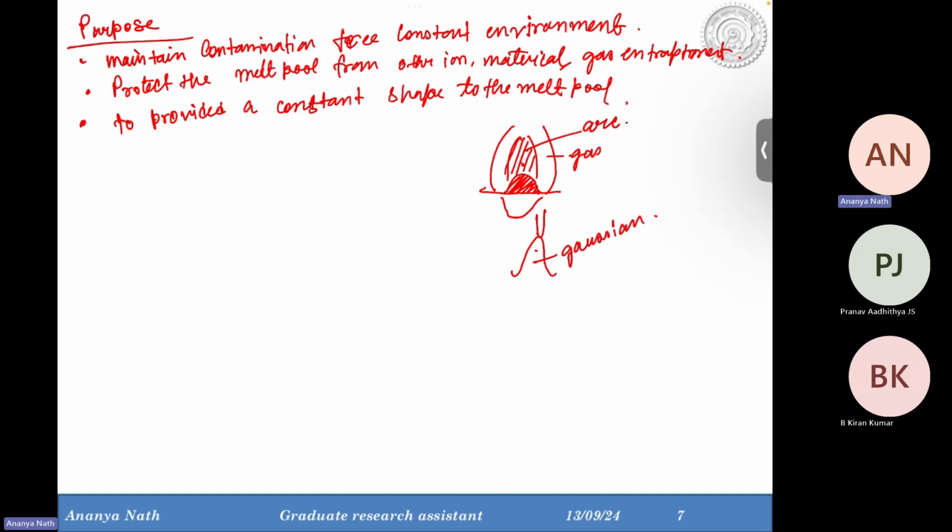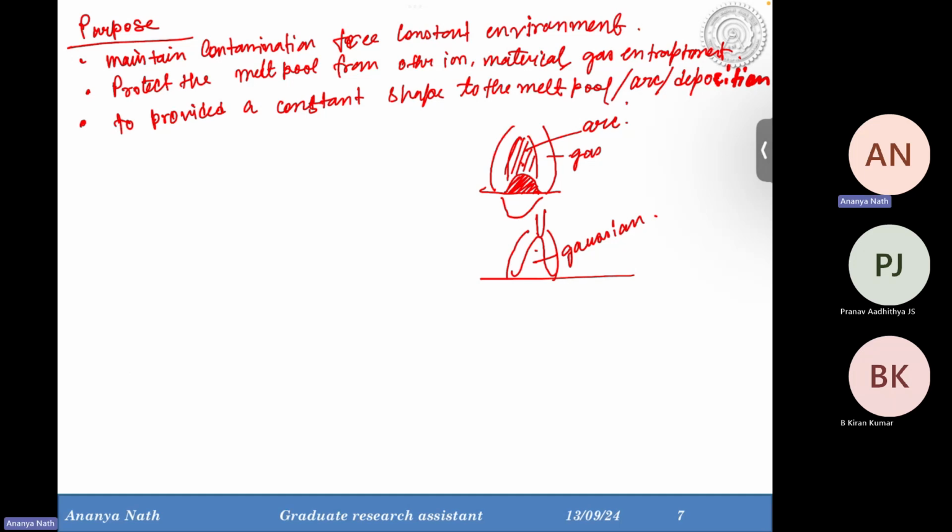So this Gaussian profile should be maintained. The gas flow rate ensures this constant shape of the arc, deposition process or melt pool. You can note down those points. These are important to know about DED.